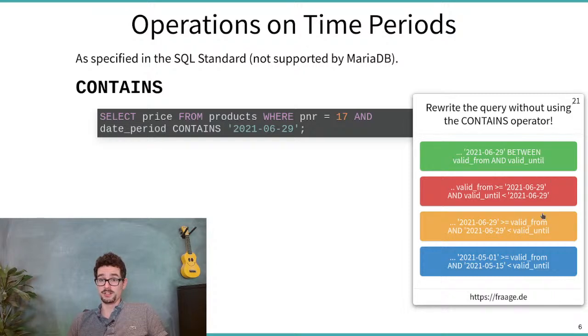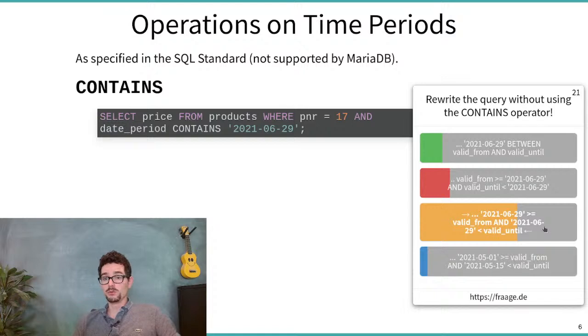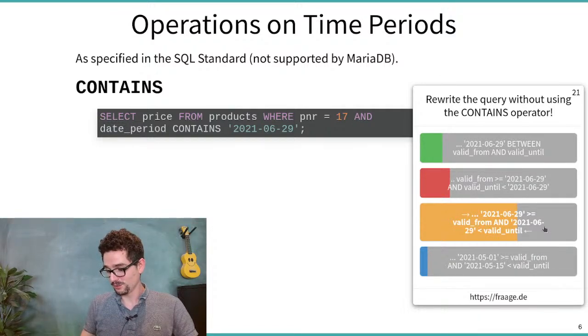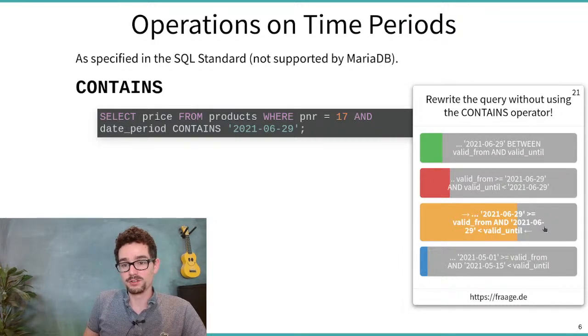Okay, 21 answers. Yeah, most are correct. You have to think a bit. And the yellow answer is, of course, the correct one. So in our valid from column, we have something which is smaller or equal than, so it began to be valid before that point in time.